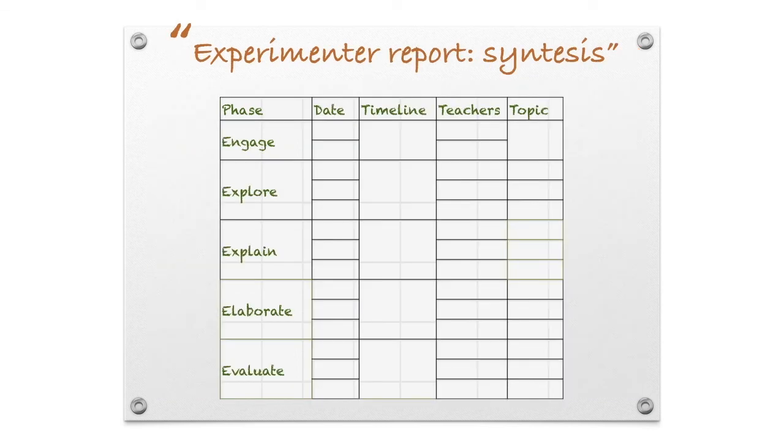To have an idea of how much time each activity required, you can also make a synthesis in which you put the date, the time needed, the teacher involved in the activity, and what you have done during this classroom work.